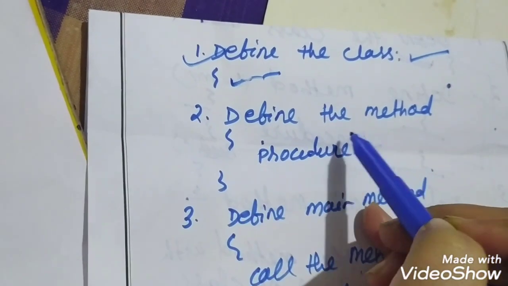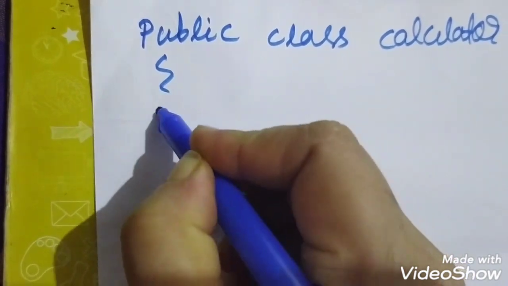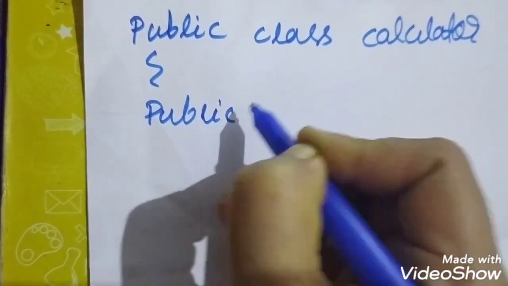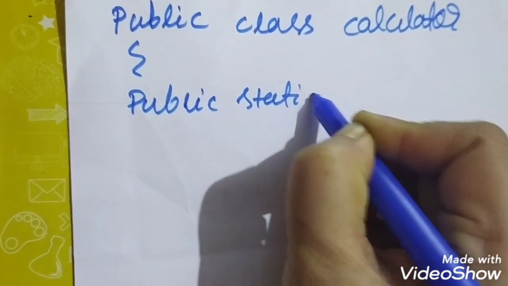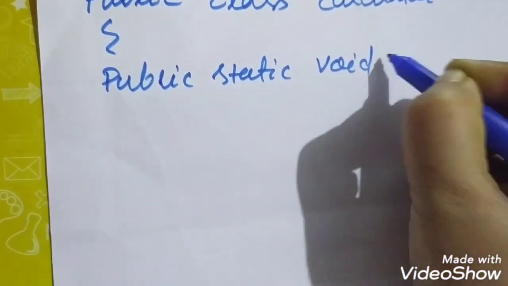Okay, now next step is what? Define the method. So what to define here? Public static void sum.